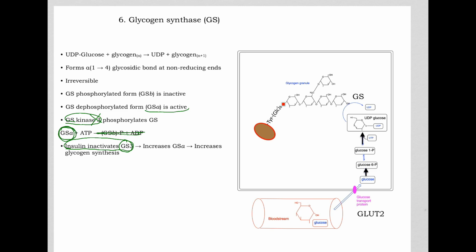Glycogen synthase in the A form is active, and that will increase glycogen synthesis. So insulin will increase glycogen synthesis, which is what we see after a meal. Okay, so in the postprandial state, insulin levels are high, and insulin will stimulate glycogen synthesis.